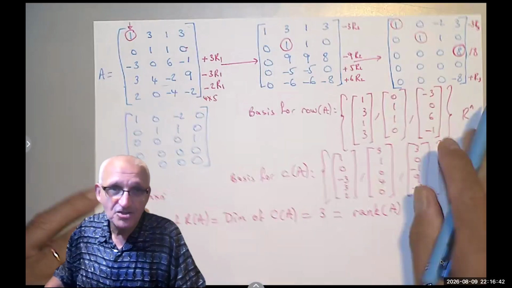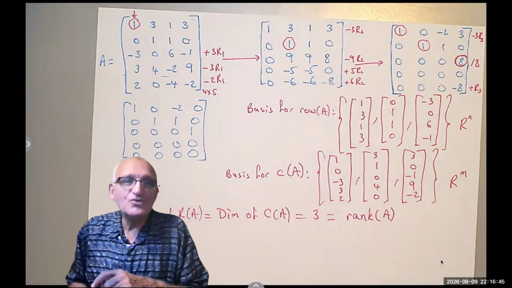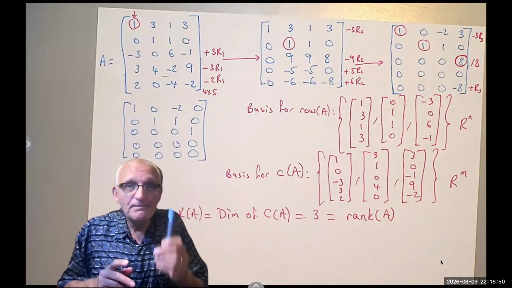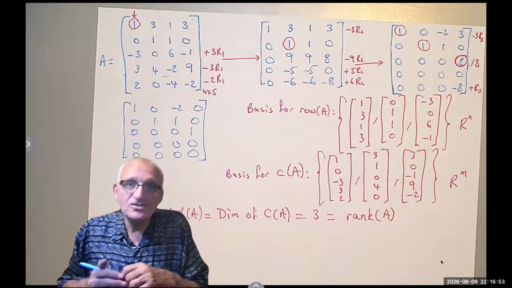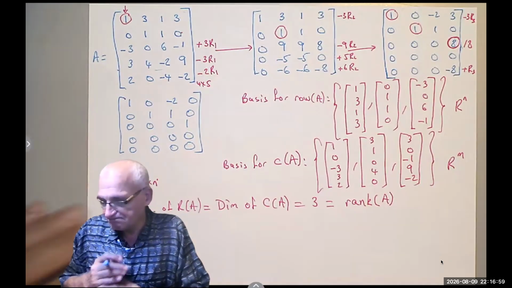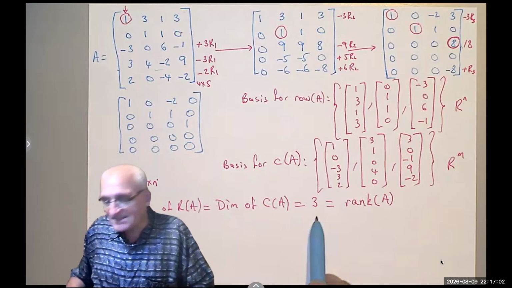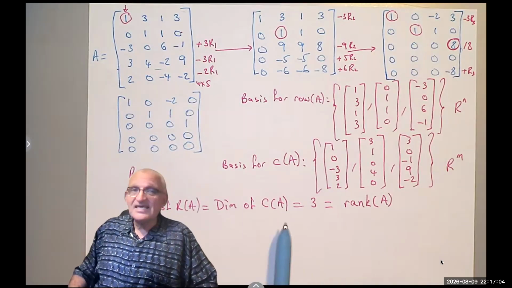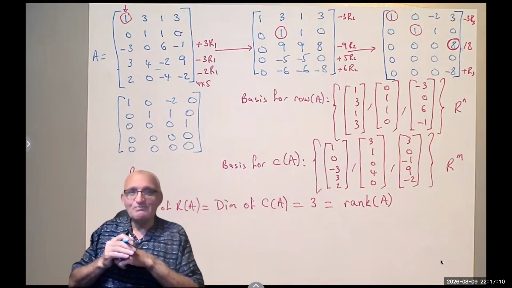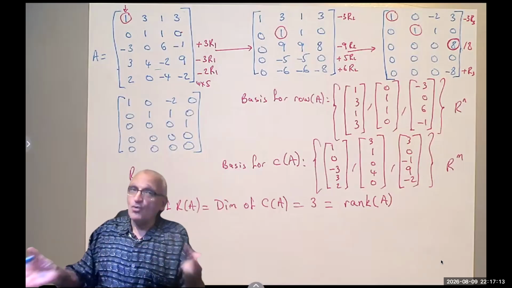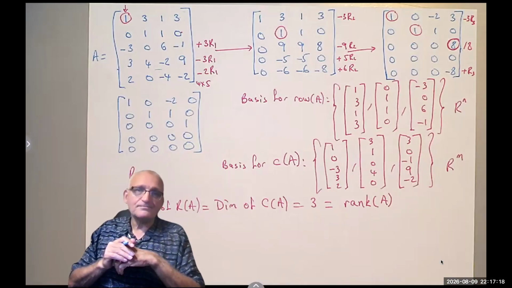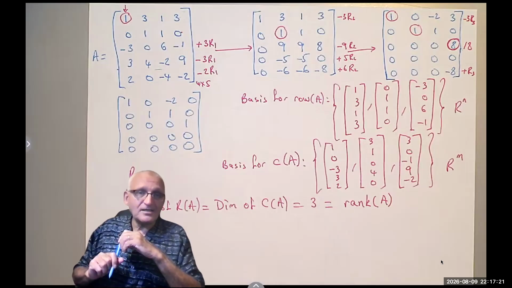You can make some linear combinations, but none of those will have an inverse. The determinants of all the possible 4 by 4 matrices will be 0, meaning they are singular matrices. They don't have inverse. However, the maximum matrix that has an inverse that I can make out of this 5 by 4 matrix is a 3 by 3. I can have a 1 by 1, of course, I can have 2 by 2, and I can have 3 by 3, but no more. That's the meaning of the word rank.